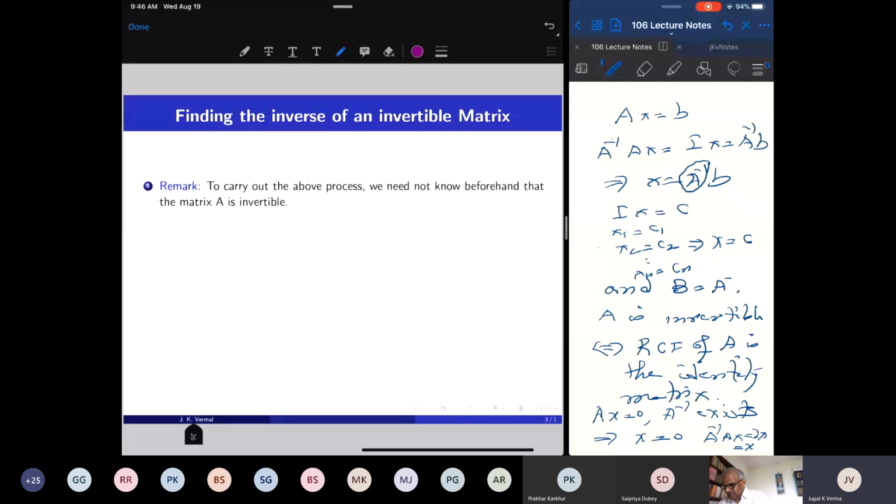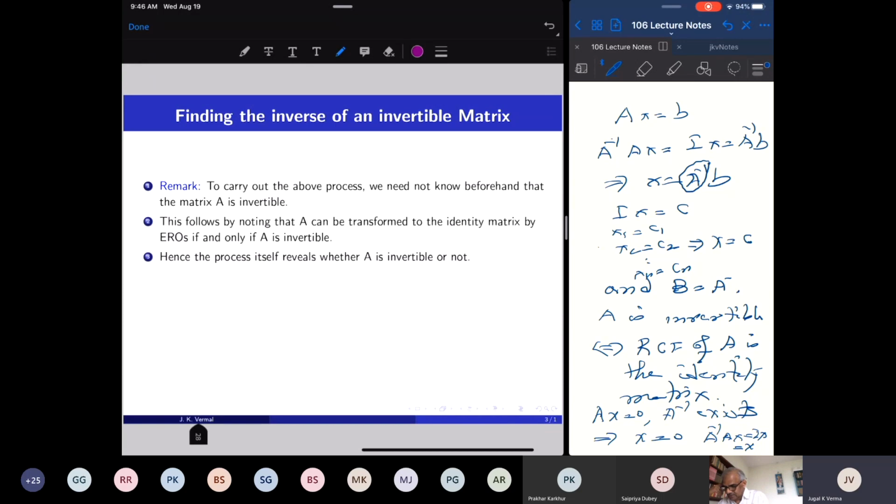At the end, suppose the row canonical form of A doesn't turn out to be the identity matrix, then it says that the matrix is not invertible, and therefore, in this case, Ax equal to 0 will have infinitely many solutions. So this process itself reveals whether A is invertible or not.